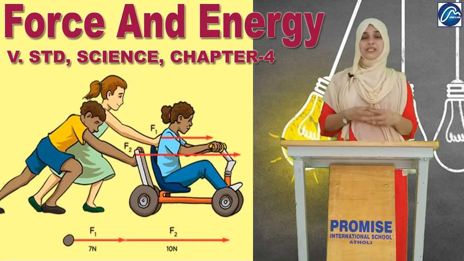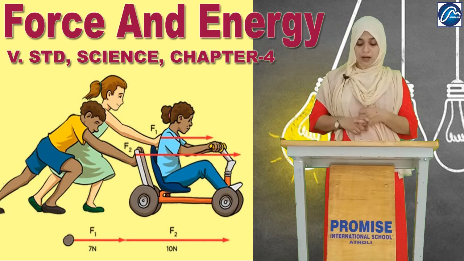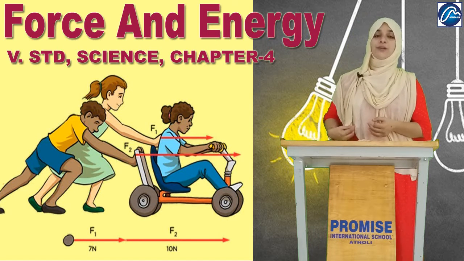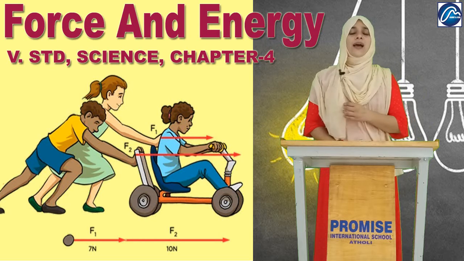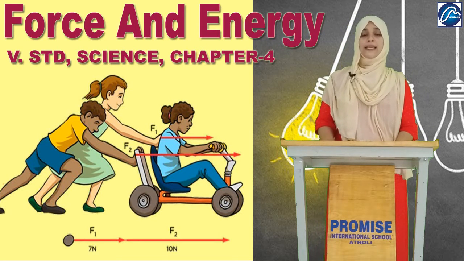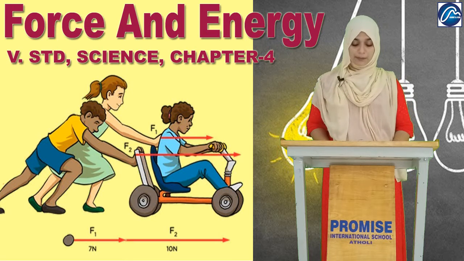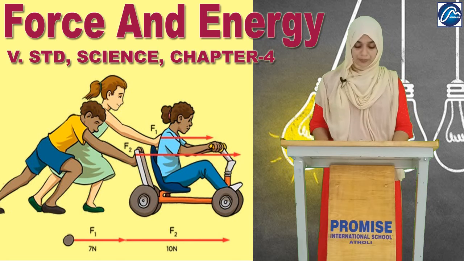Some of the simple machines we have discussed in the 4th standard are levers, wheel and axle, inclined plane, wedge, etc. We have already studied about levers, right? Commonly used levers are pliers, bottle opener, tweezer, hammers, etc.